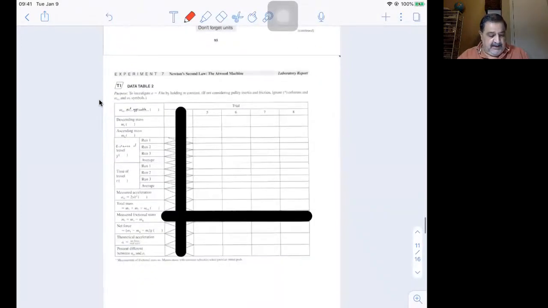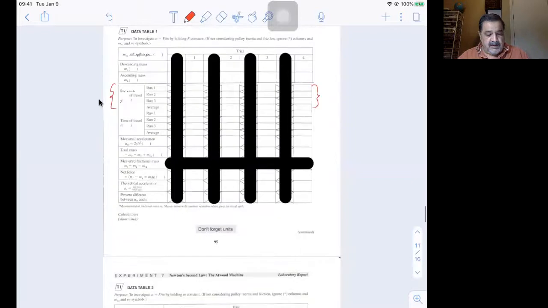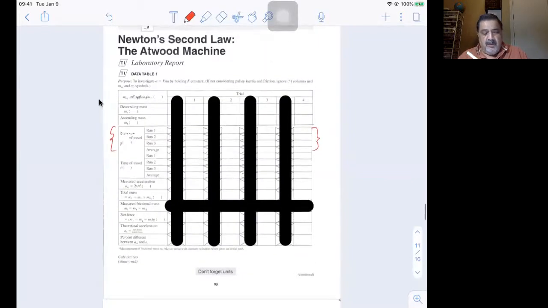This is where you're going to start with 60 grams and 50 grams and measure your data. Then you're going to add 50 to each, so you'll get 110 grams and 100 grams. Then you'll go to the next increment, 160 grams, 150 grams.